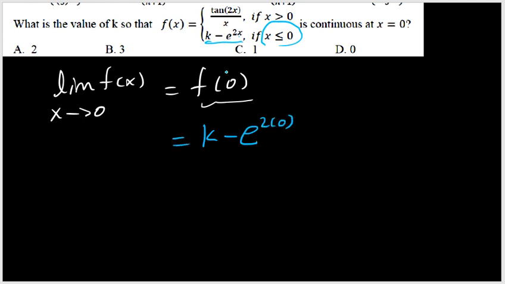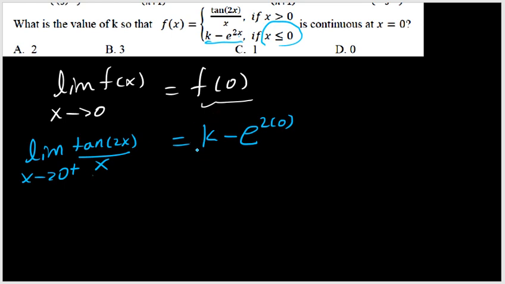For the limit part, I will take the first one, the limit of tan 2x over x as x goes to 0. It must be from the right, because x greater than 0 is there. Right or left doesn't matter, since it is continuous at 0.